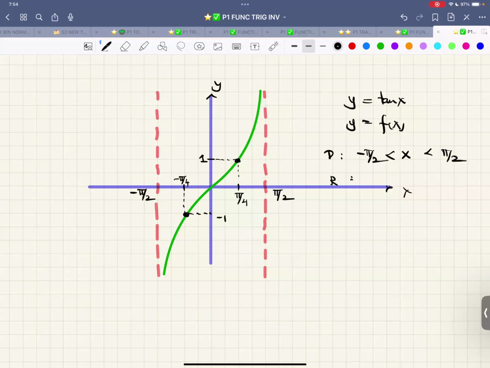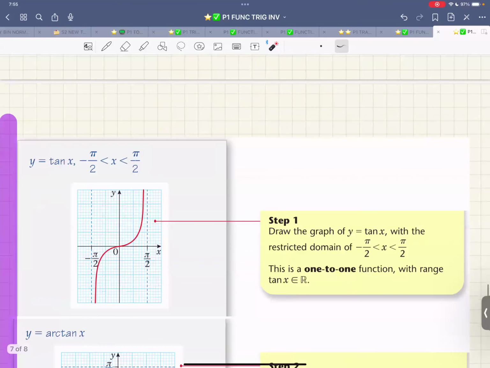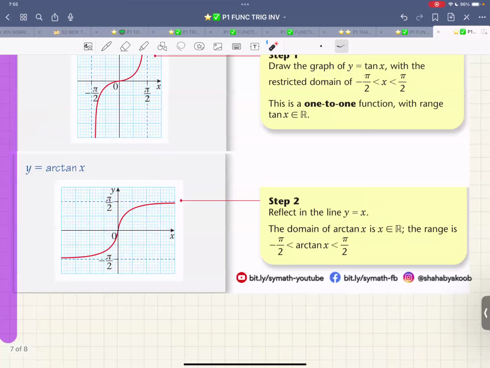And the range is f(x) between -∞ and +∞. Because it's going till infinity, +∞, -∞. Now look at this. The two asymptotes are there, infinity and -∞. Now that is how this thing is drawn, tan inverse.